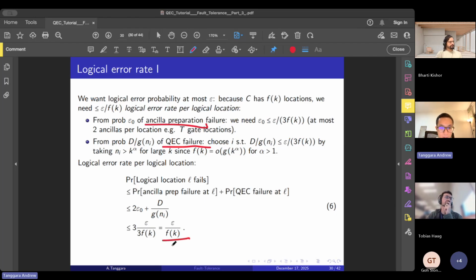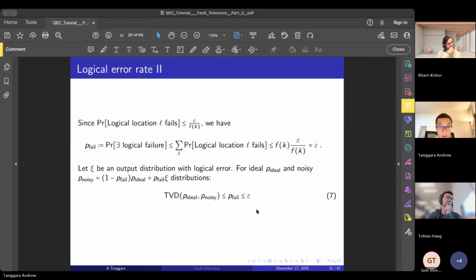So at the end we get this epsilon over fk. And basically here we use these two inequalities. Yeah, so that's what we got from the last slide.